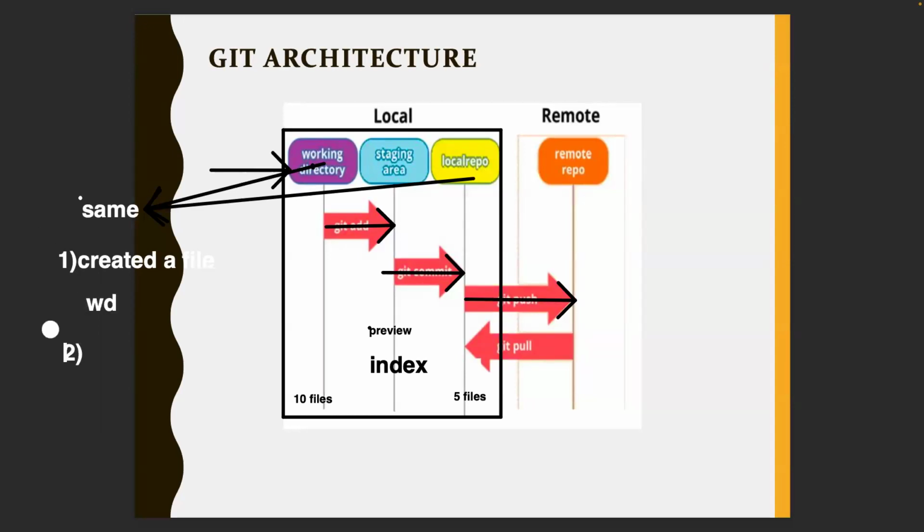After creating a file, if you have done git add, it is said to be in the staging area. After doing git add, if you commit, it is said to be in the local repository. That's how your changes navigate through three stages: working directory, staging area, and local repository. Is this much clear, everyone?